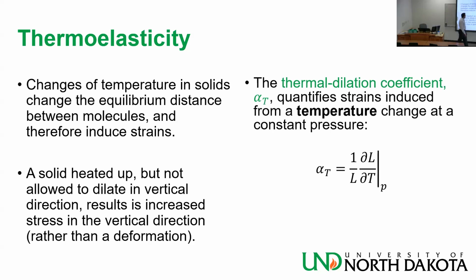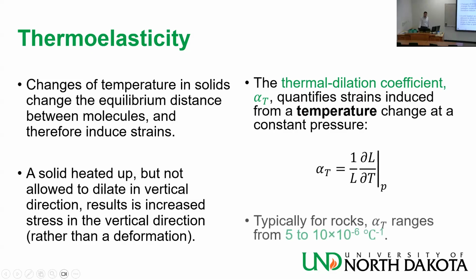Anyway, so we have this equation that basically dictates the thermal dilation coefficient. It tells us how much the material will elongate in one direction due to a temperature difference. It's given in units of per degree Celsius or per degree Fahrenheit. You should be able to convert this from Celsius to Fahrenheit.